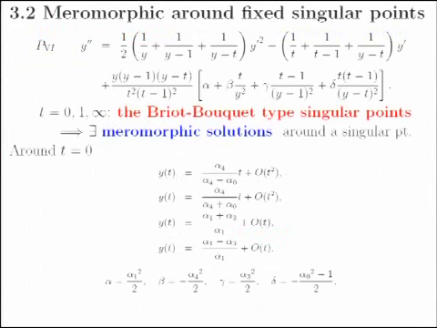Painlevé 6 is like this one, and t equals 0, 1, infinity are singularities of the Painlevé 6 equation. And it is a Boutroux-type singularity. A Boutroux-type singularity is a nonlinear analog of regular singularities in the linear case. That's why, if there are formal solutions at Boutroux-type singularities, the formal solution converges.